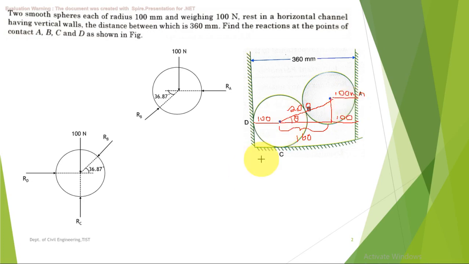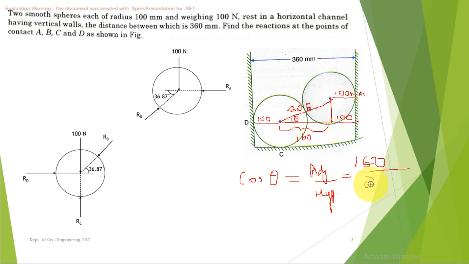Now from this triangle, if you take cos theta, you know that cos theta is adjacent side by hypotenuse. So what is the adjacent side? Adjacent side is 160. And what is the hypotenuse?